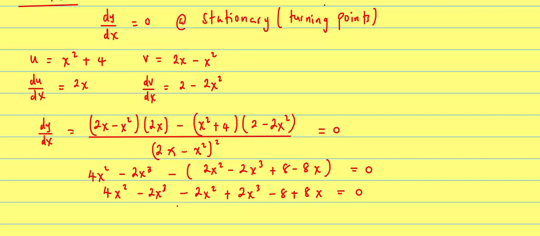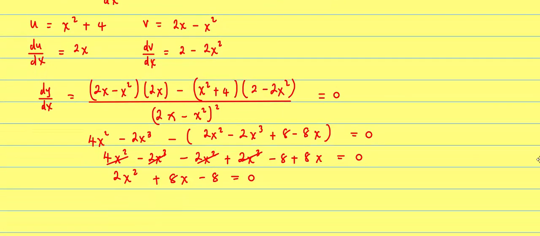Now collecting like terms means that I will have 4x squared minus 2x squared, which is equal to 2x squared, and minus 2x cubed plus 2x cubed, that will give us 0, and then I'll have plus 8x minus 8, and this is equal to 0. Now this is a quadratic equation that I can solve. Then I'm going to divide throughout by 2, giving me x squared plus 4x minus 4 is equal to 0.